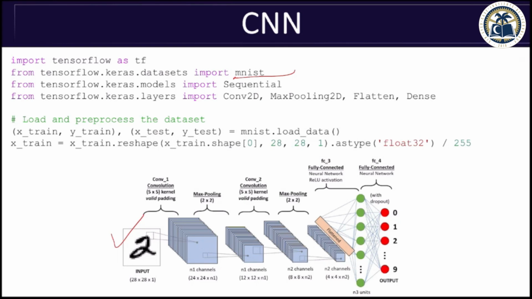But as you can see, first it takes a 28 by 28 image, and then it has a 5 by 5 kernel, and then it does the max pooling, reduces it into half, then again uses a 5 by 5 kernel, 8 by 8, then again reduces it into half, 4 by 4, and then flattens it, and then it has a fully connected layer, then another fully connected layer, and then can do the classification 0, 1, 2 to 9.